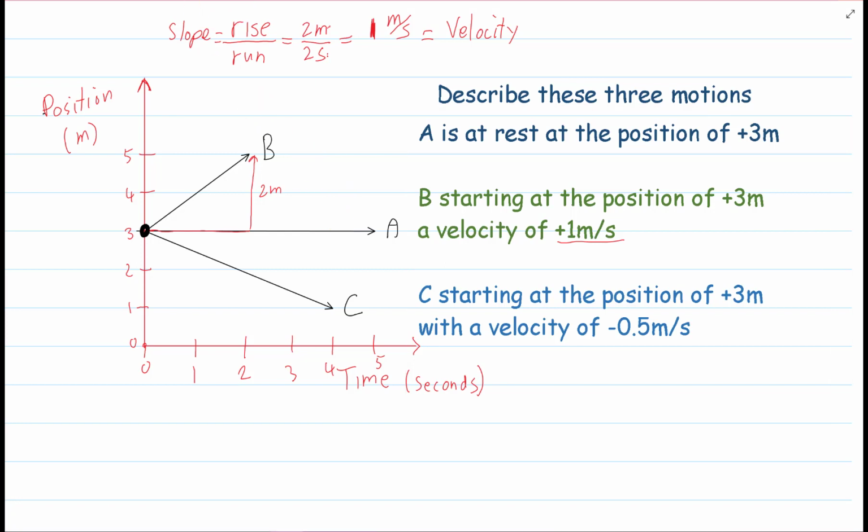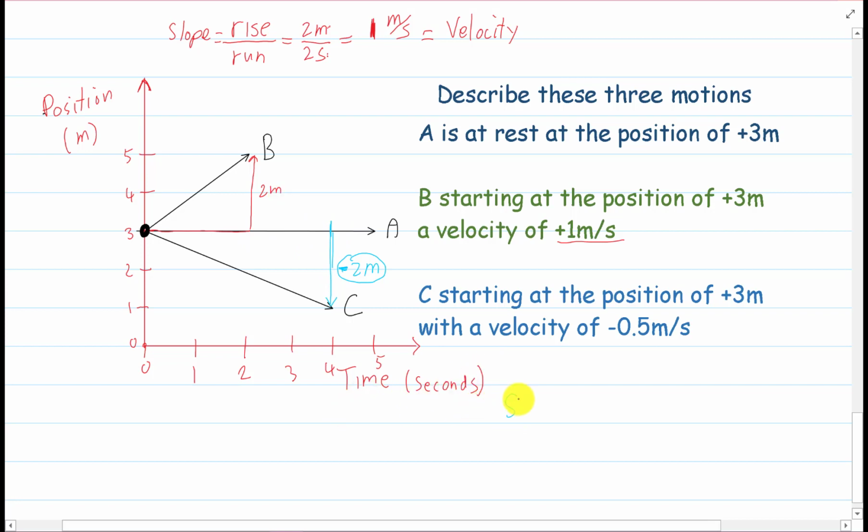Let's do it in blue. This goes down 2. This is a difference of negative 2. It goes down 2. And that unit is meters. So that's its rise. And the run is 1, 2, 3, 4. It goes over 4 seconds.